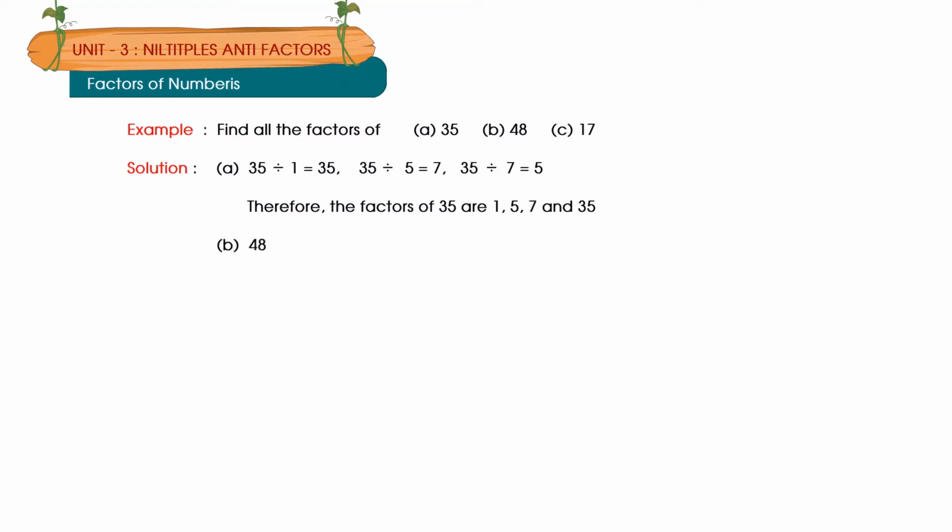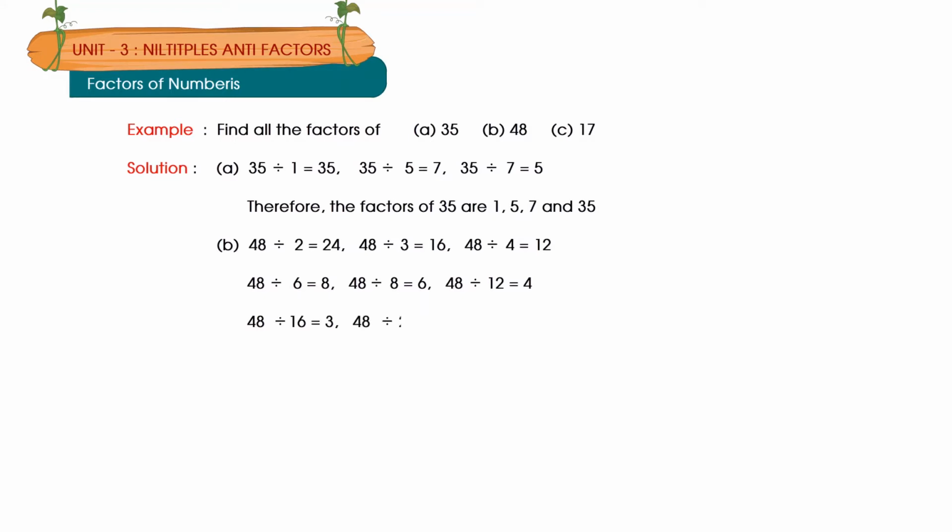B) 48 divided by 2 is equal to 24. 48 divided by 3 is equal to 16. 48 divided by 4 is equal to 12. 48 divided by 6 is equal to 8. 48 divided by 8 is equal to 6. 48 divided by 12 is equal to 4. 48 divided by 16 is equal to 3. 48 divided by 24 is equal to 2.